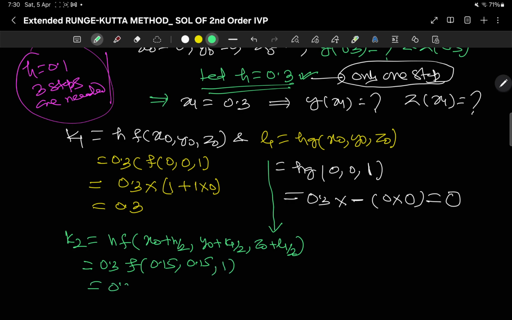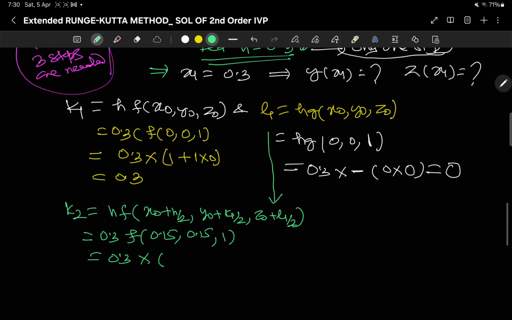So this is equal to 0.3 into 1 plus zx, 1 plus 1 into 0.15. Okay, so this is equal to 0.345.